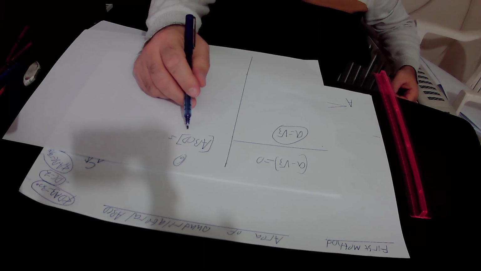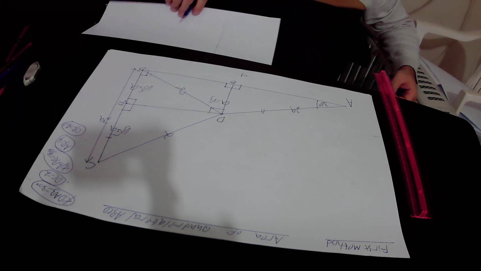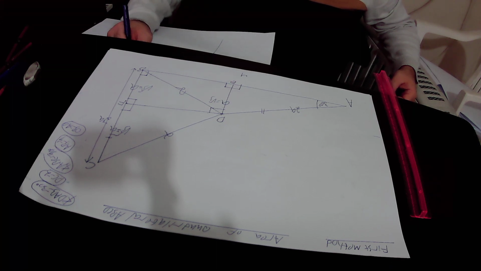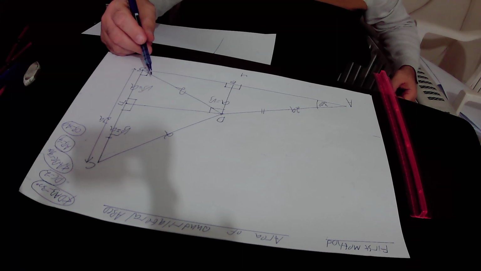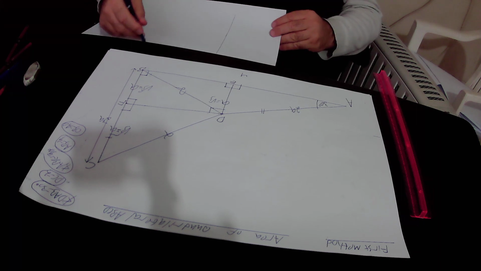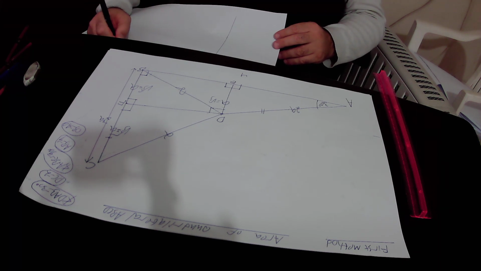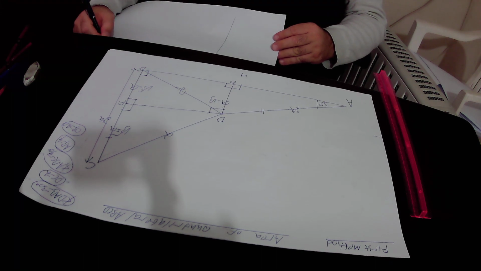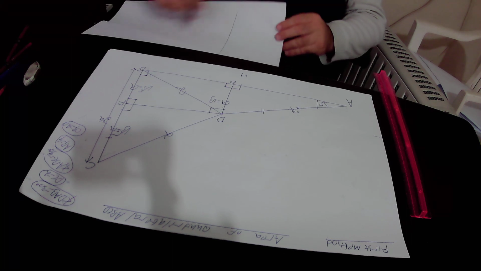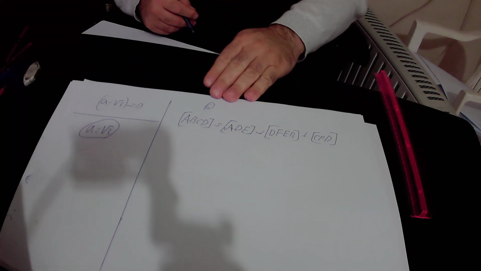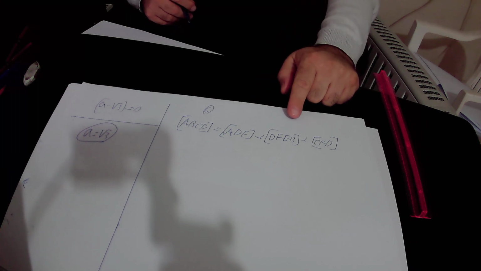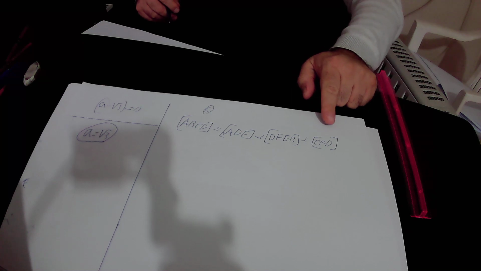It means the area of quadrilateral ABCD will be equal to the area of the right triangle, triangle ADE, plus the area of rectangle DFEB, plus the area of the right triangle, triangle CFD. I will repeat again, the area of quadrilateral ABCD will be equal to the area of the right triangle ADE, plus the area of rectangle DFEB, plus the area of the right triangle CFD.